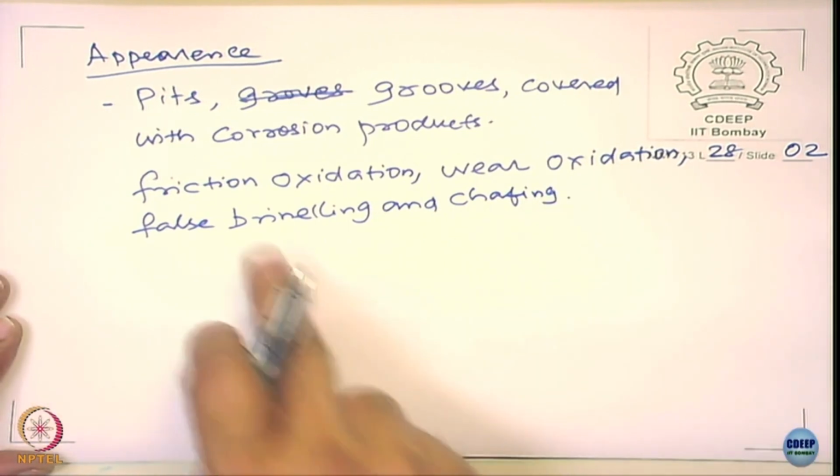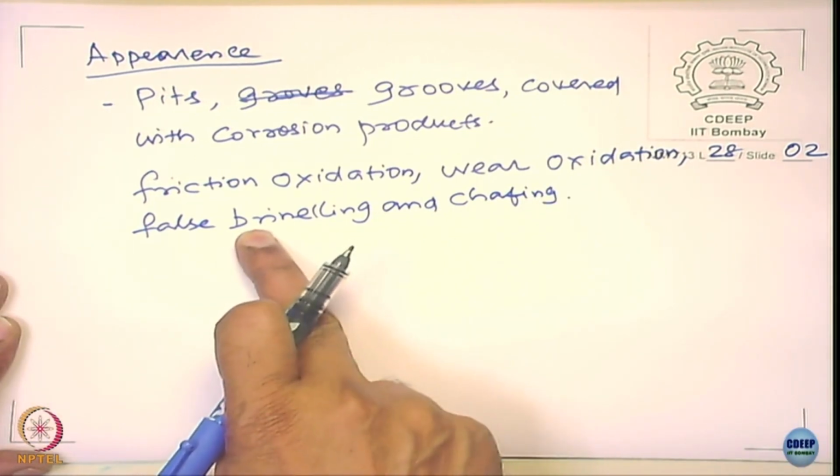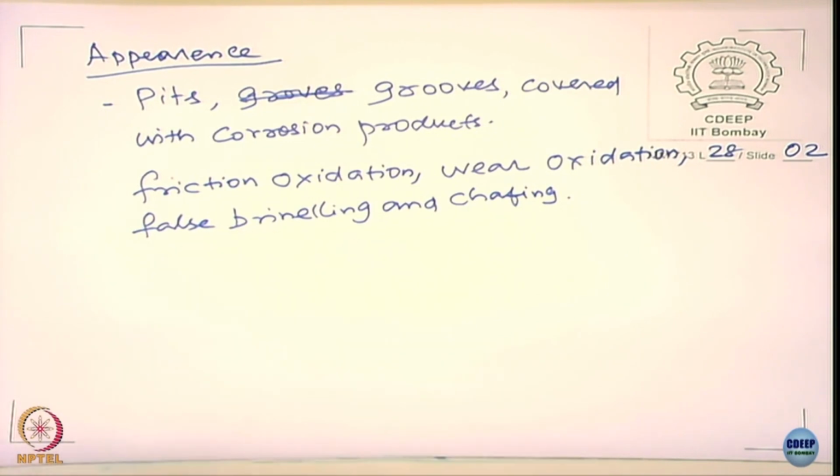Now look at this, the term brinelling is arising out of the Brinell hardness, Brinell indenter, right? When you carry out a hardness test using a Brinell indenter, you see a hemispherical shape, right? Brinell is spherical balls, right?